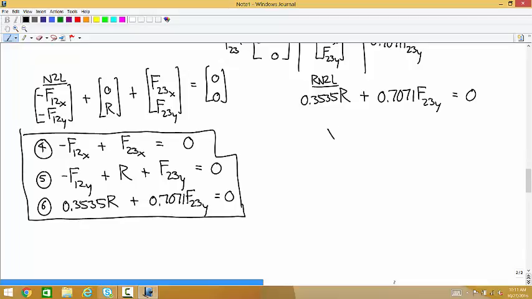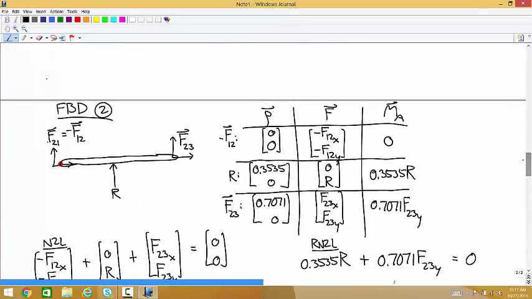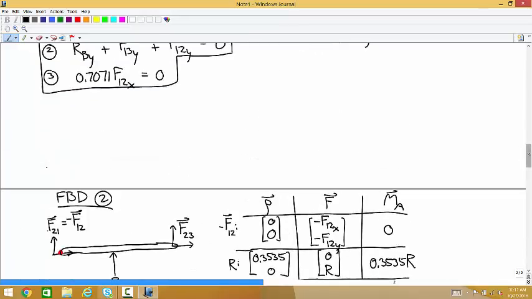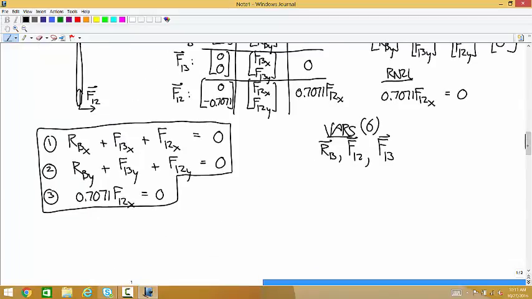All right, we have 6 equations now, so let's think about how many variables we have. We still have all the old ones. So that was RB, F12, and F13.